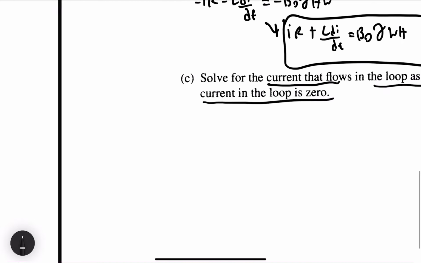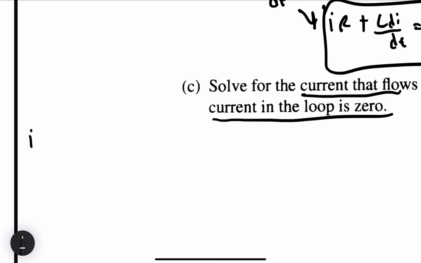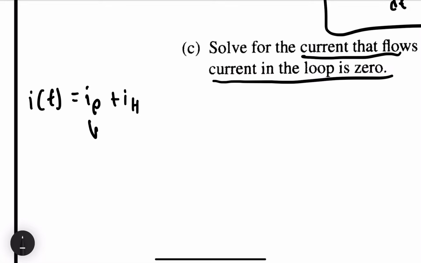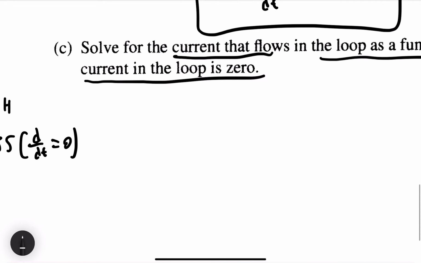So what we're going to do is say the current as a function of time is equal to the particular solution plus the homogeneous solution. For this one, in steady state d dt is equal to 0, so anywhere we see that, it's going to be equal to 0.